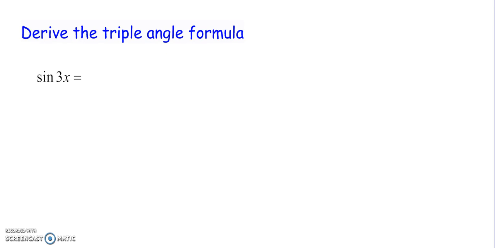All right, so here we're going to do a little proof. For this proof, I'm telling you that you don't need to memorize the triple angle formula. This is just an application of the double angle formula, sine 2 theta is equal to 2 cosine theta sine theta.